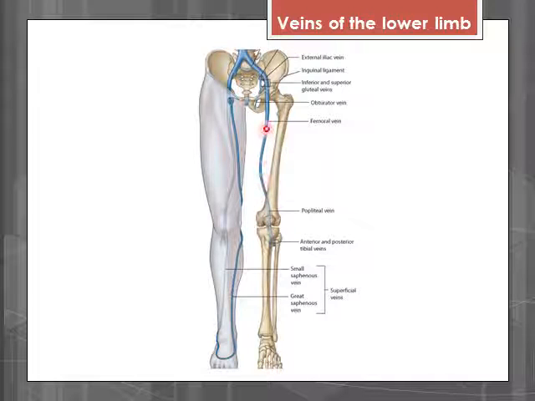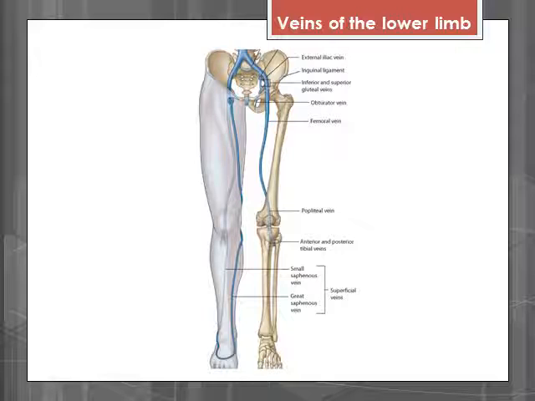I mean, we have a femoral vein, obturator vein, superior and inferior gluteal veins. The major vein that drains the lower limb is the femoral vein. It becomes the external iliac vein when it passes under the inguinal ligament and then enters the abdomen.